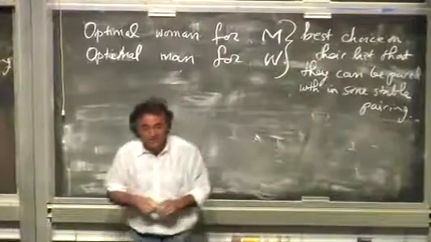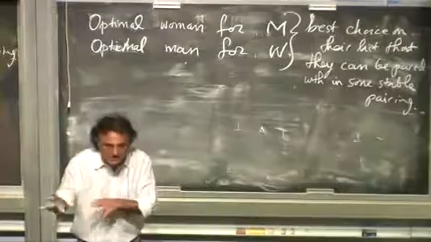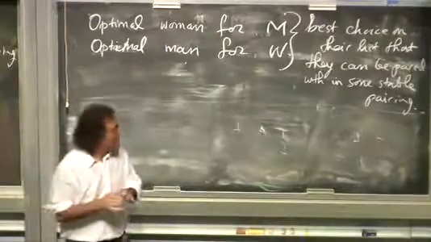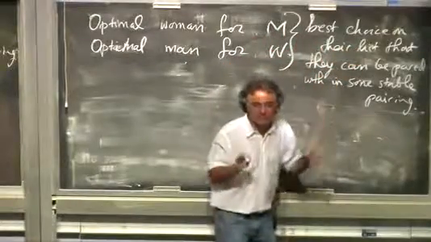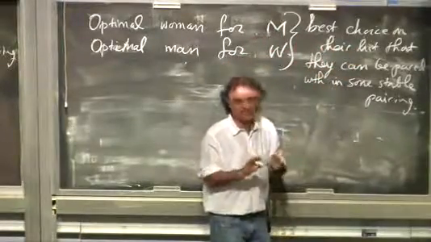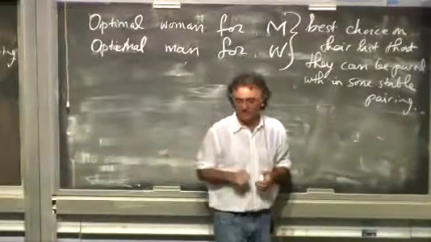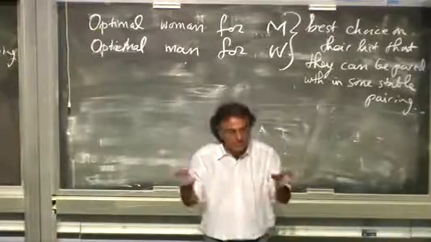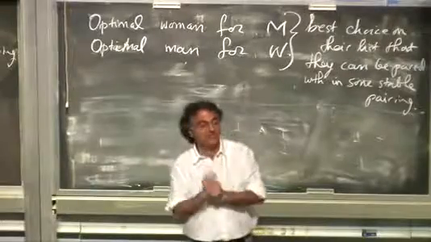Meaning you're saying, look, if the rest of the universe cooperates and everybody else arranges themselves in pairs in just the right way, so that this particular guy gets the best possible situation he can possibly get into. Well, that's his optimal situation. So you get a stable pairing, and he's paired up with this particular one.